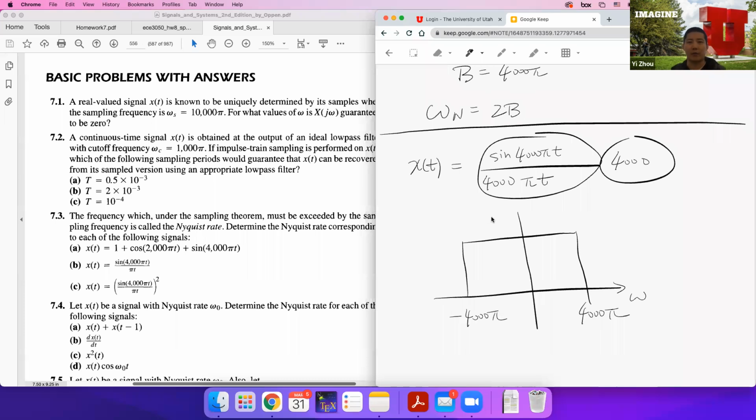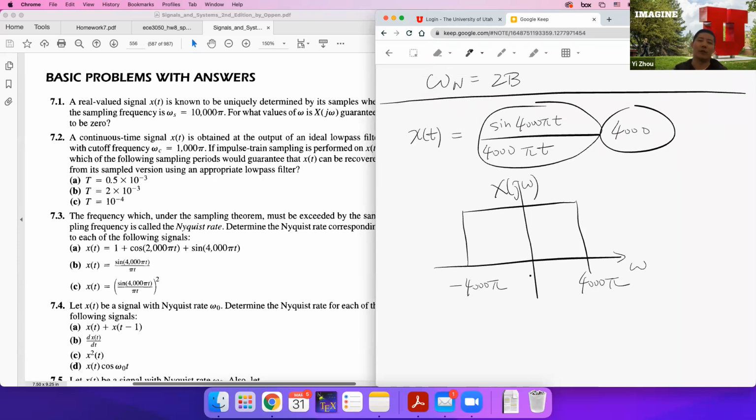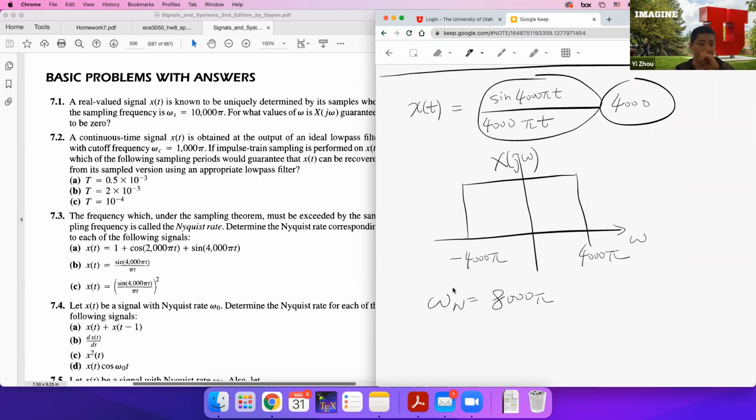This is the spectrum of x(t), and from here you can see it still has the same bandwidth, 4000 pi. So the Nyquist rate is 2 times the bandwidth, 8000 pi. This is also a simple application of the Fourier transform.